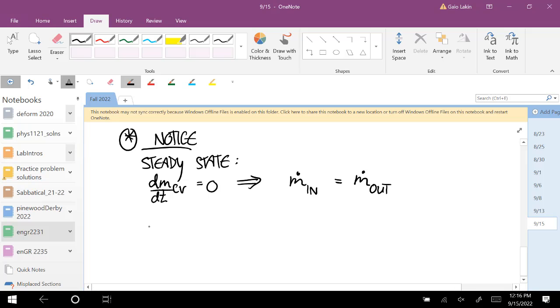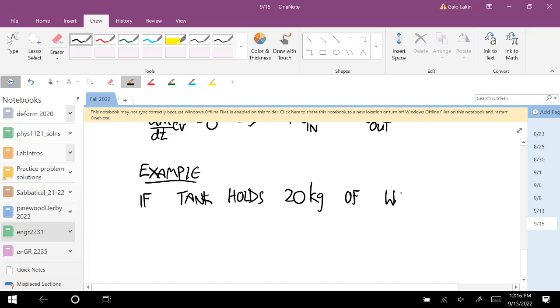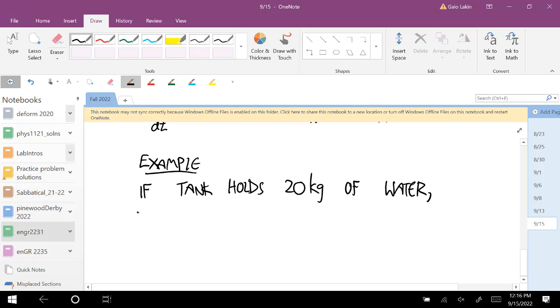Okay, so let's do a couple examples with liquid. So first, if a tank can hold 20 kilograms of water, and the mass flow rate going in is 2 kilograms per second.